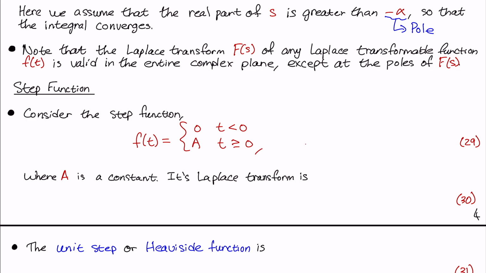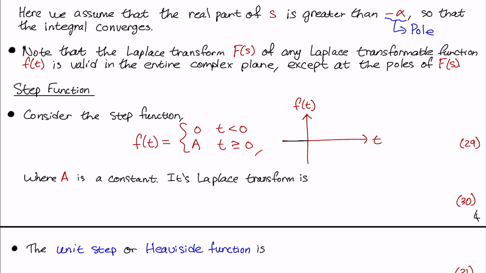If we were to plot this function, it is 0 up until time 0, and then suddenly it becomes that constant a. Hence why it's called a step, because there's just a step in it.